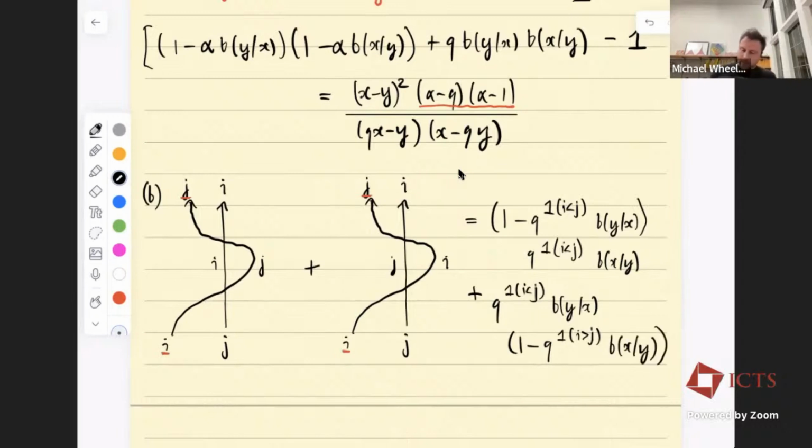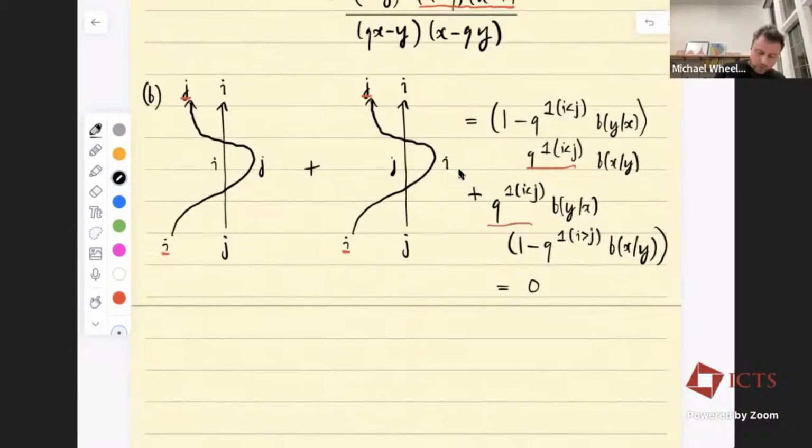All right, so in this case, no immediate simplification happening. There is a common factor of q to the indicator that I is less than j. But basically, we would like to show that this is equal to 0, irrespective of the relative sign of I and j. And once again, there is an identity that allows you to do that in one go, which I'll write here.